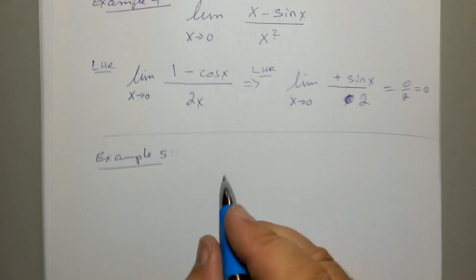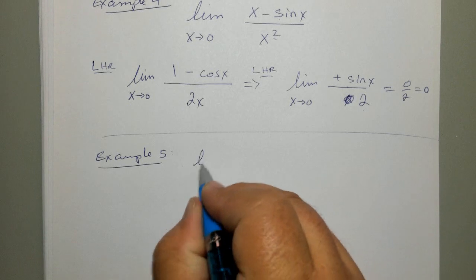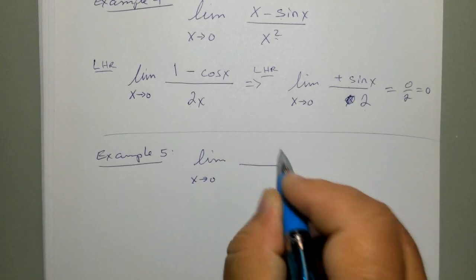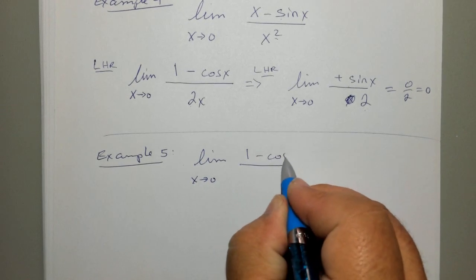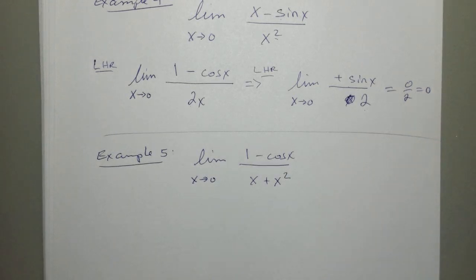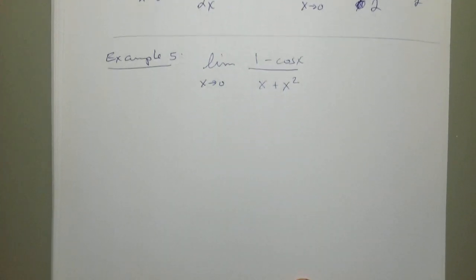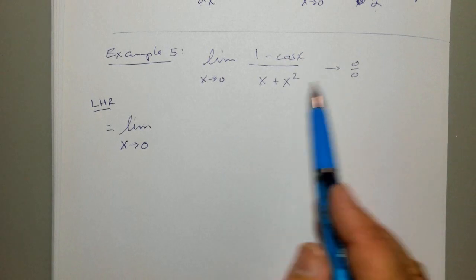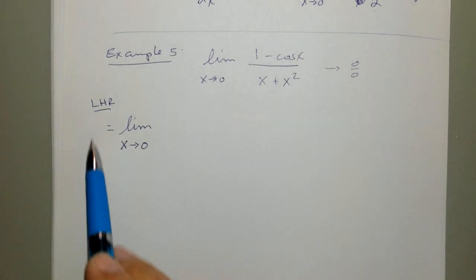Another example. Limit as x approaches 0 of 1 minus cosine x over x plus x squared. Plug in 0, it's 0 over 0, so we can use L'Hopital's.